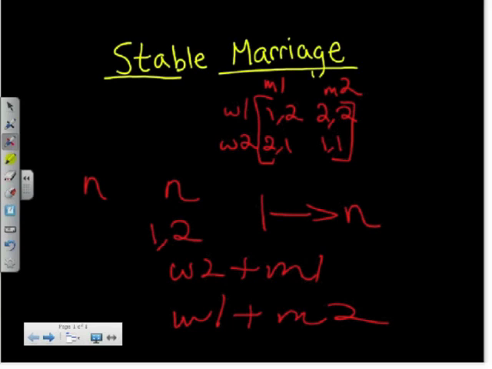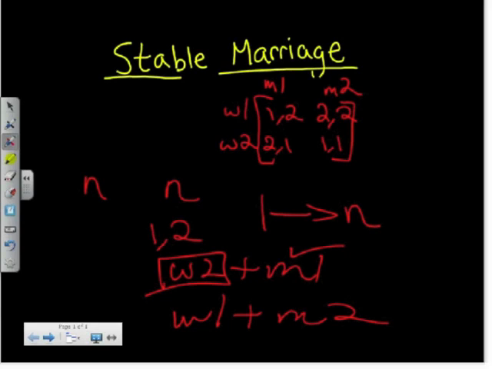And then let's take man 1. He chose woman 2 as his first choice. So he is satisfied, whereas woman 2 is not satisfied. Now let's look at the next marriage. We have woman 1 and man 2. Woman 1 chose man 1 as her first choice and man 2 as her second, so she is not completely satisfied.